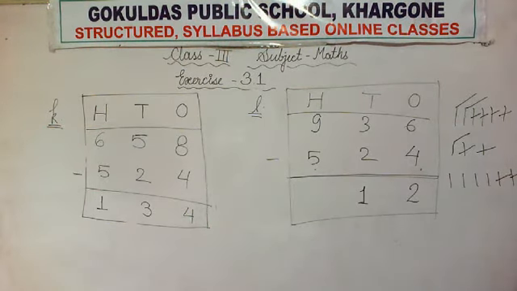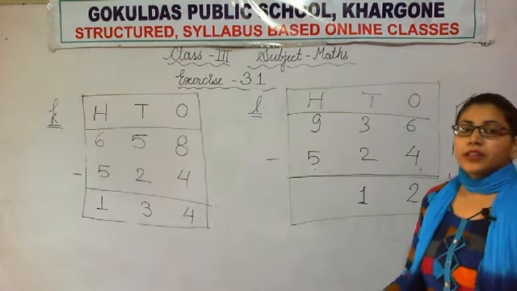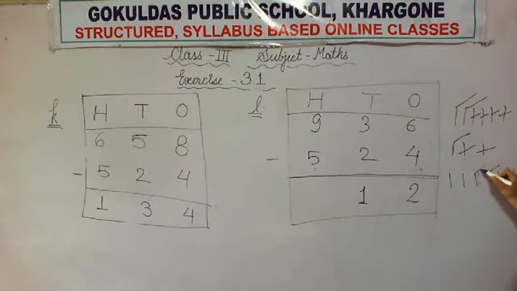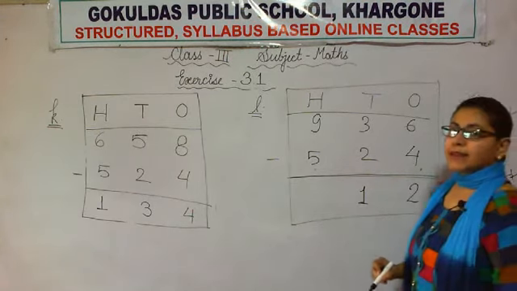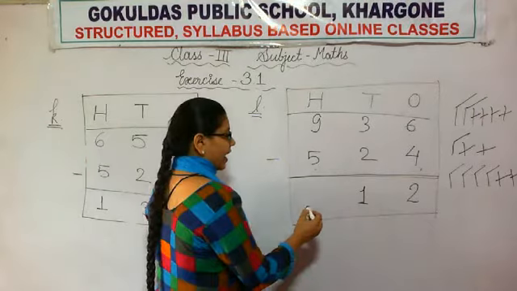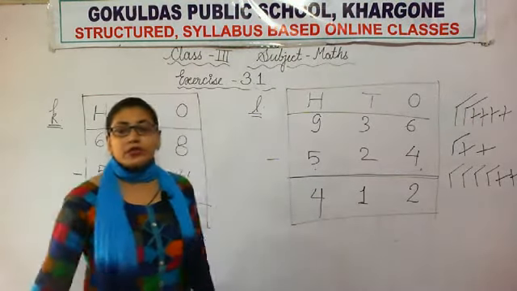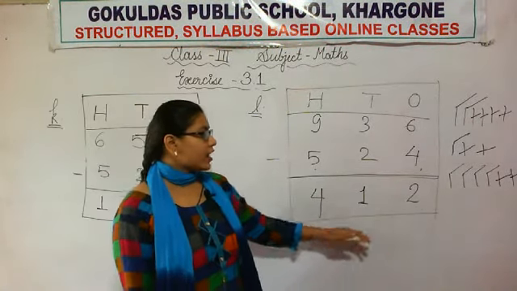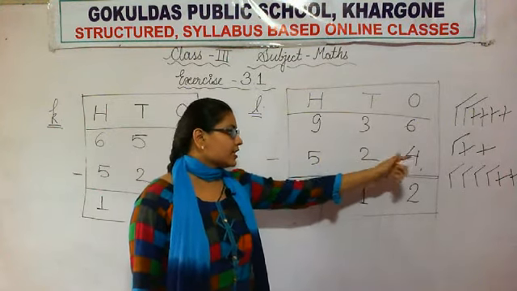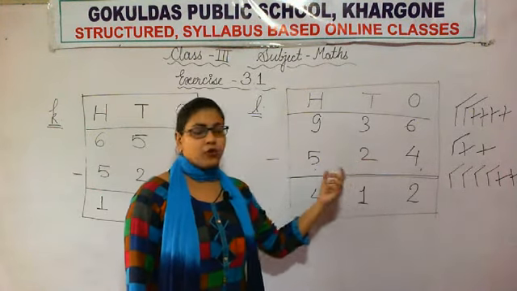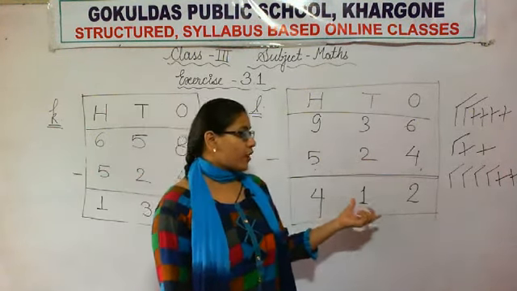Now, we will count the remaining sticks: 1, 2, 3, 4. 4 sticks are remaining, so we will write the number 4. So, our answer is 412. 936 minus 524 is equal to 412.